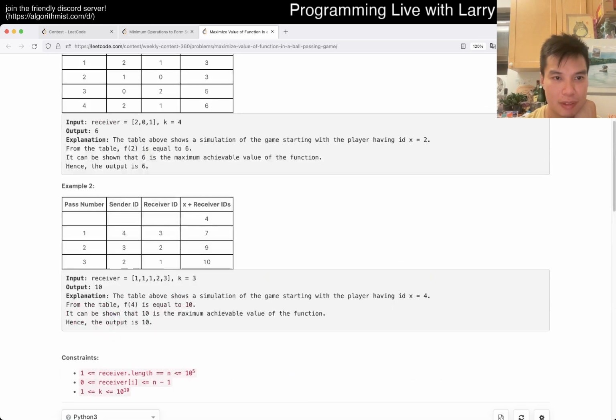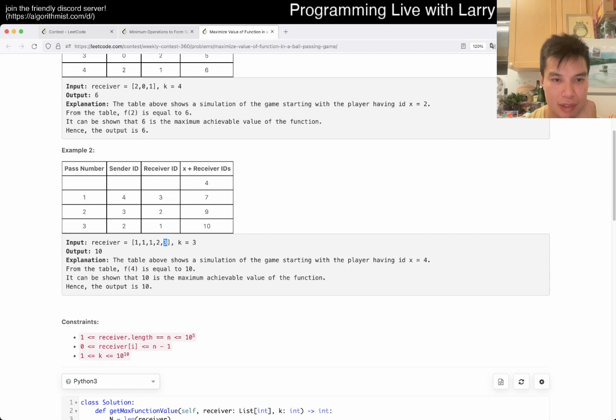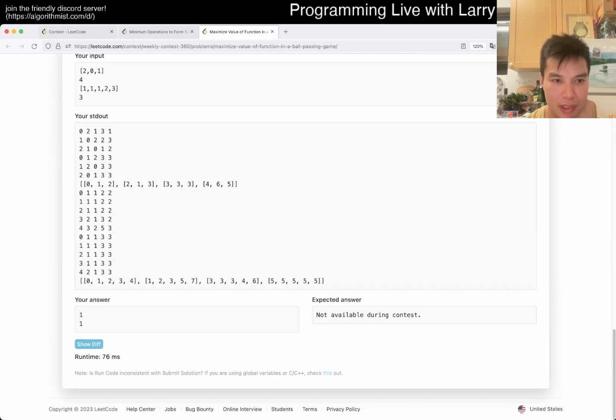What is the receiver for this? 4 is 3, so yeah, 4 goes to 3, and 3 goes to 2. So this is 8, minus 2, so this is 6. Is that true? 4 goes to 3 goes to 2 is 7.